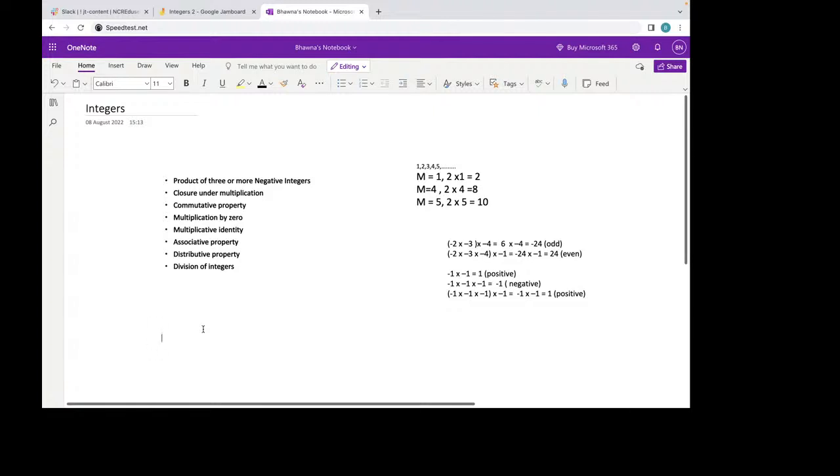Now we have learned that if a and b are integers, then a plus b is equal to b plus a, but a minus b was not equal to b minus a.